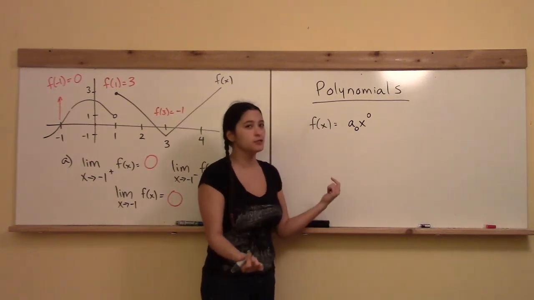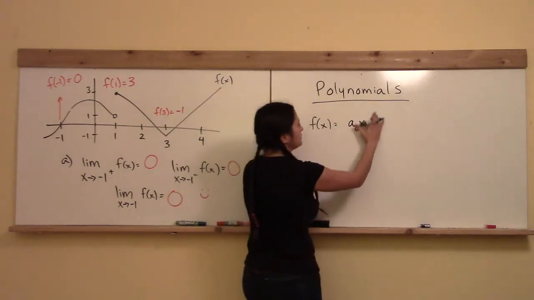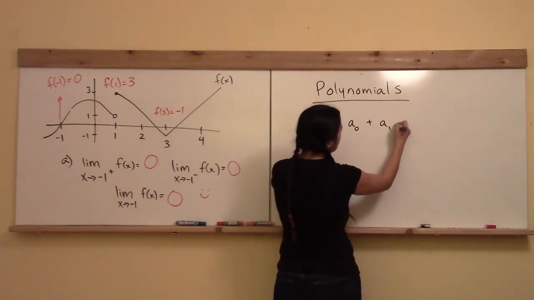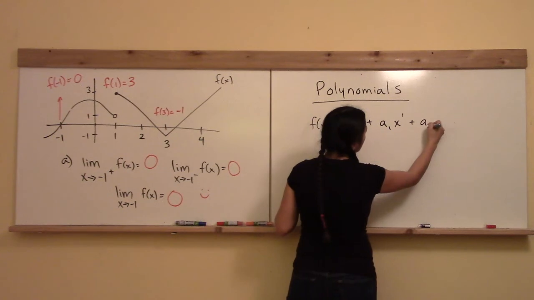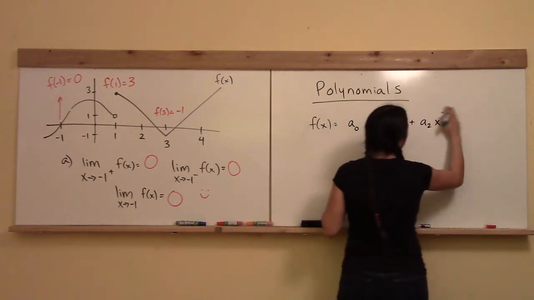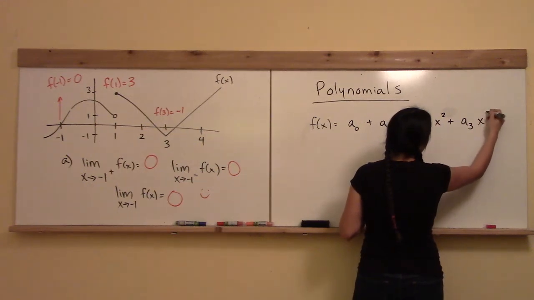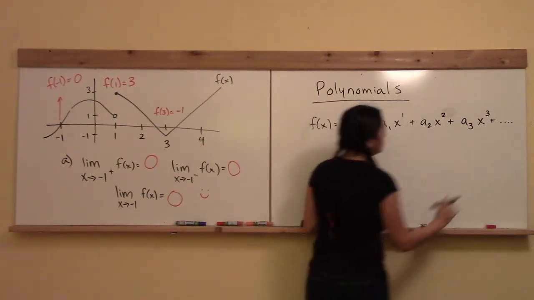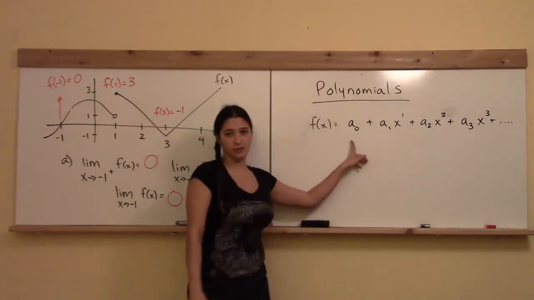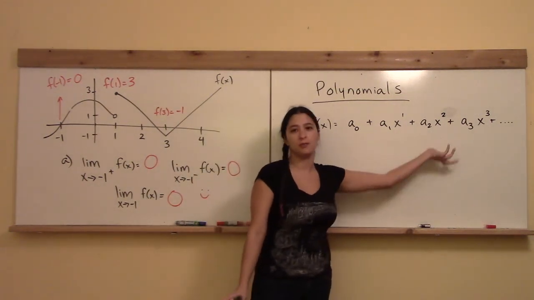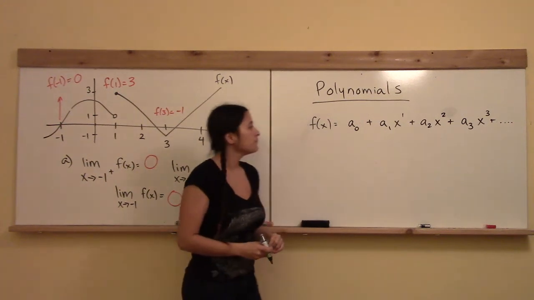Now, since any number to the 0 is 1, I'm actually just going to erase the x to the 0. But I start that way because the pattern is as follows. Your arbitrary polynomial is defined as all the positive integer powers, or I should say non-negative integer powers, of x with possibly a multiplicative constant in front. So each one of these a's is just a real number. They could be equal to 0.